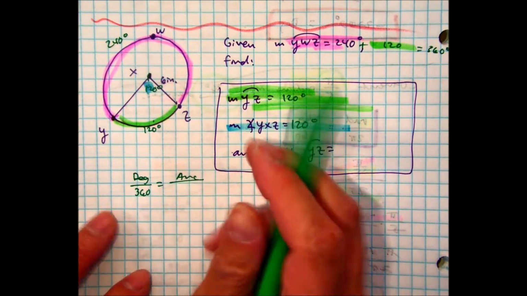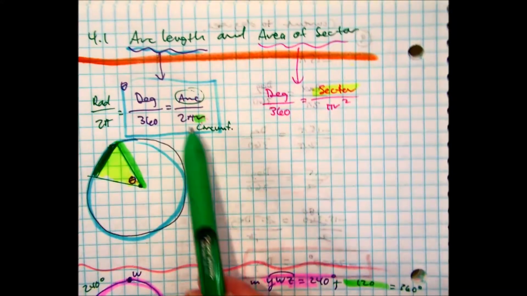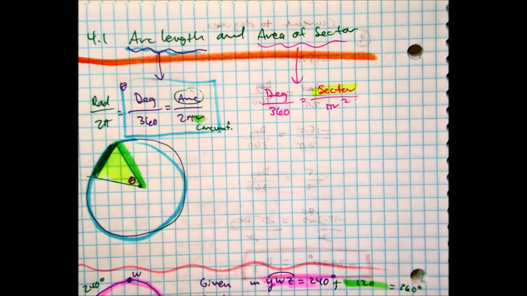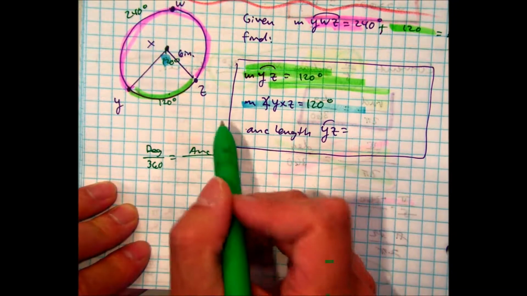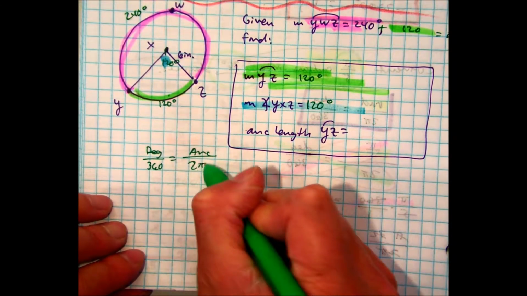Well, we're going to be using arc length, so it's going to be just 2 pi r, because we're comparing it to the circumference, not the area. So our arc length is over 2 pi r.